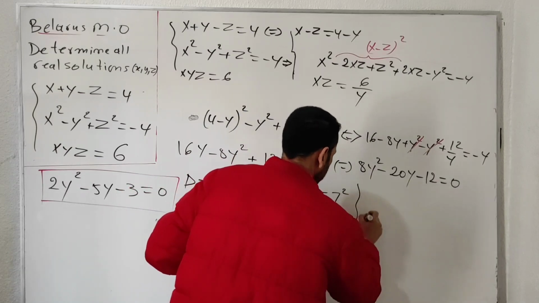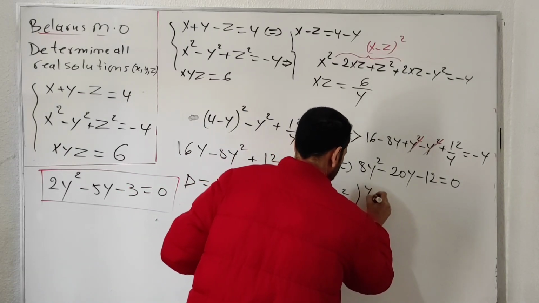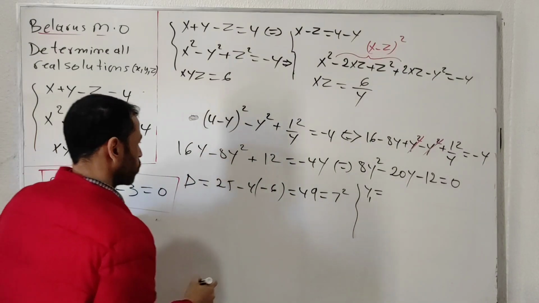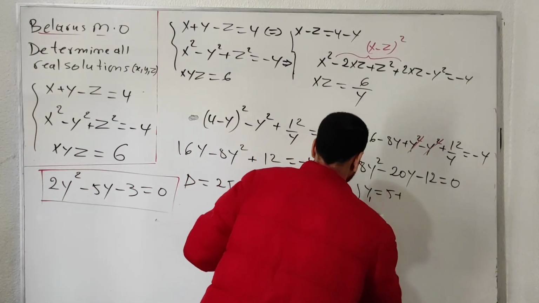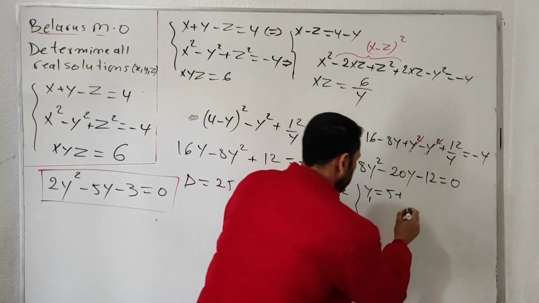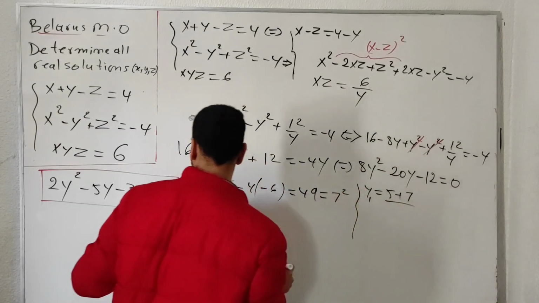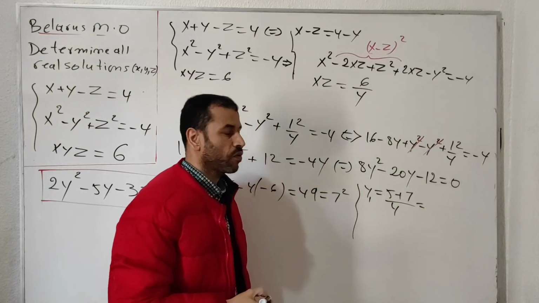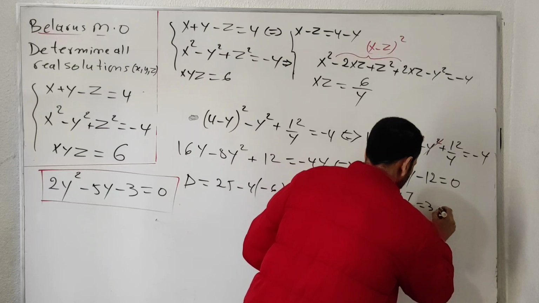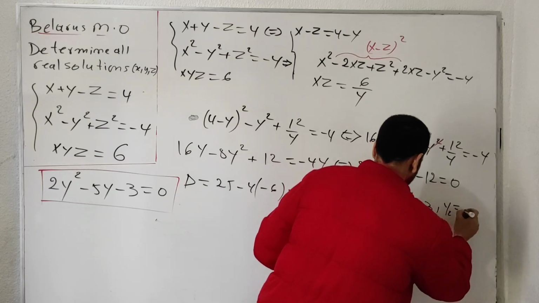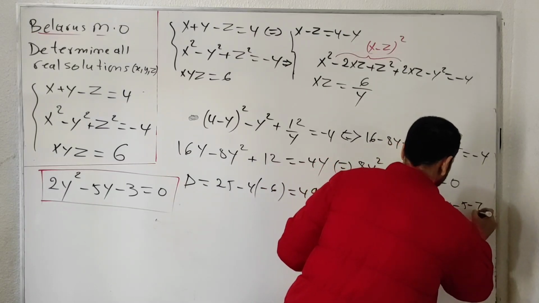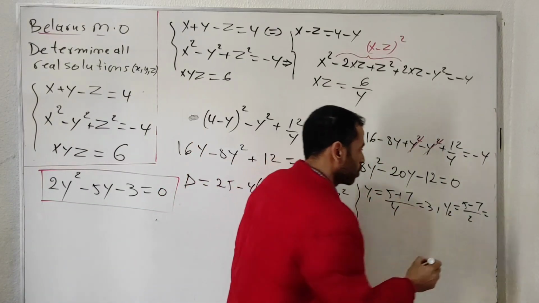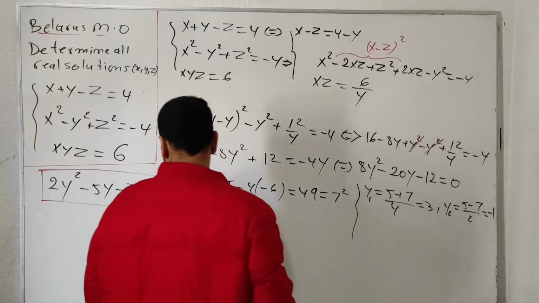Then I will have two solutions. y1 equals 5 plus square root of 49, which is 7, divided by 4, which is 12 over 4, which is 3. Then the second solution, y2 equals 5 minus 7, which is minus 2, divided by 2, which is minus 1. So I will have two solutions here.